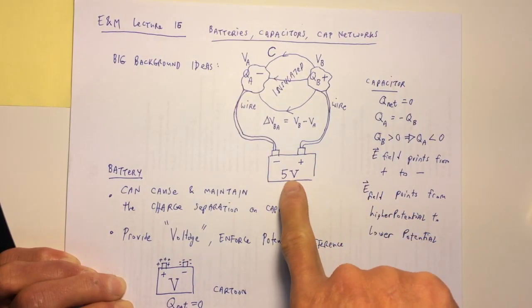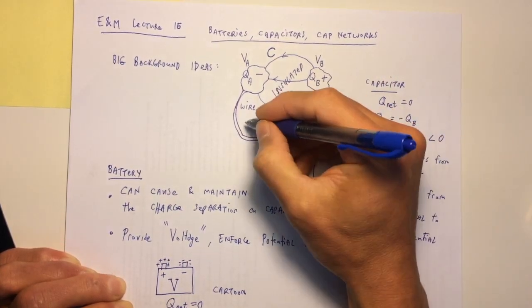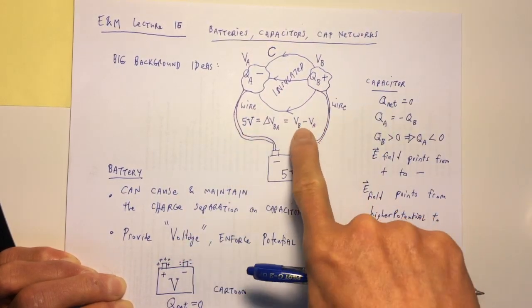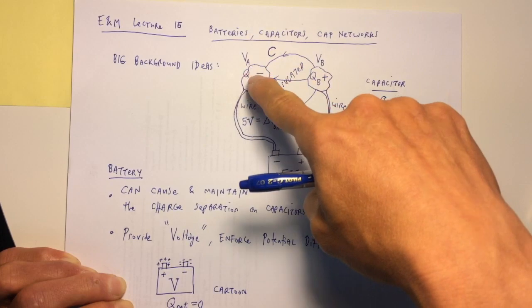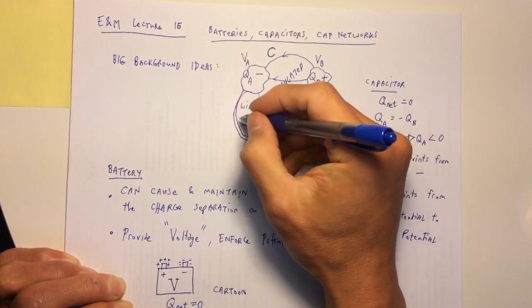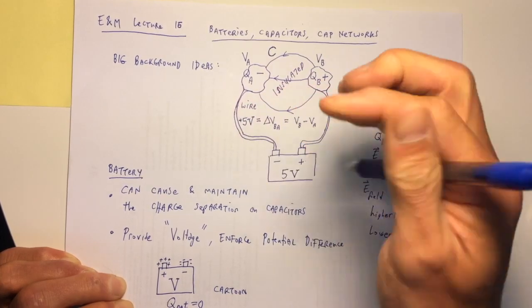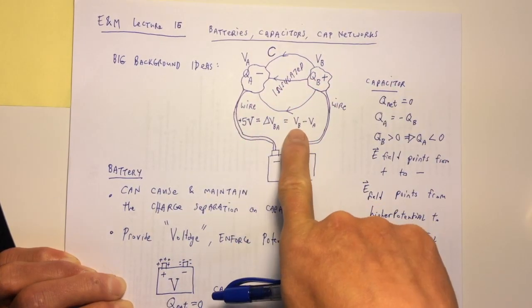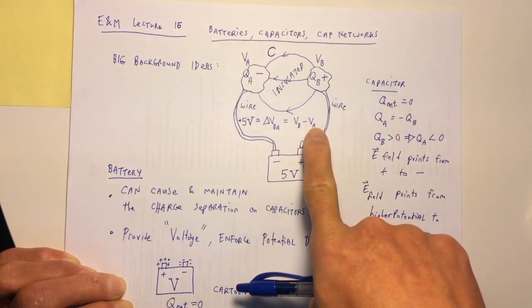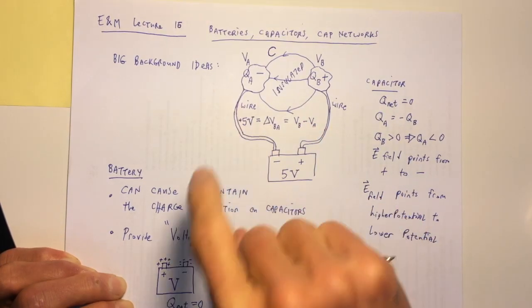And this 5 volts is the potential difference between the two conductors, VB and VA. This is a plus sign when you take the high value of potential and subtract off the low value of the potential. So this is 5 volts.